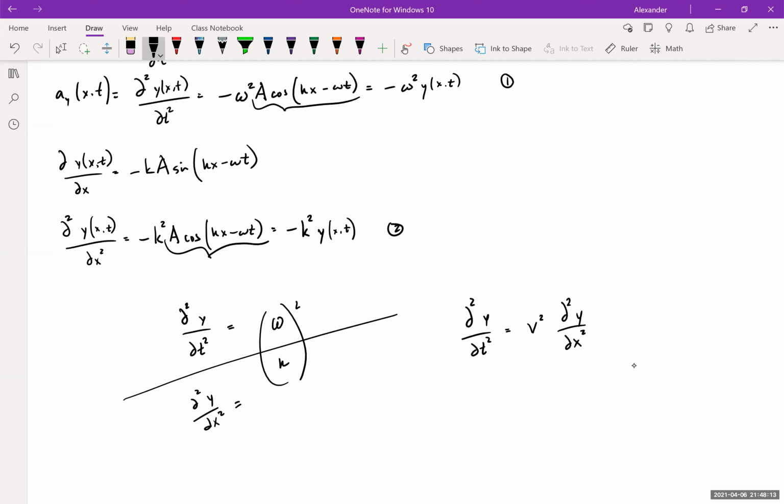If you're following along in Young and Freedman, they write it this way, but in fact it is the equation that they have written. I stopped writing the y of x and t, but we should have that in there as well. Otherwise, it doesn't make a whole lot of sense to talk about a partial.